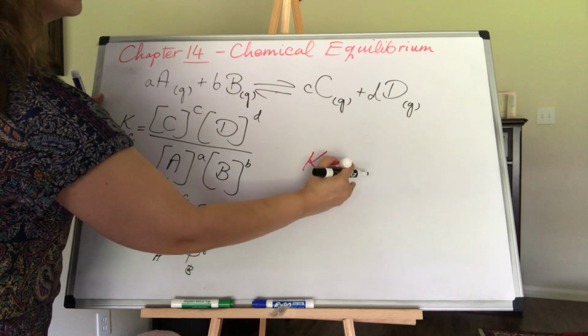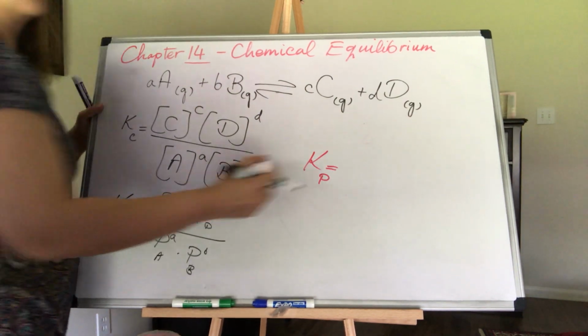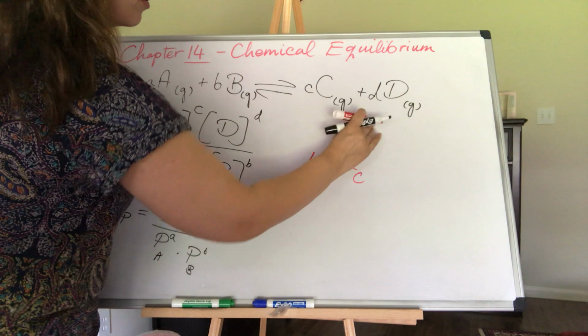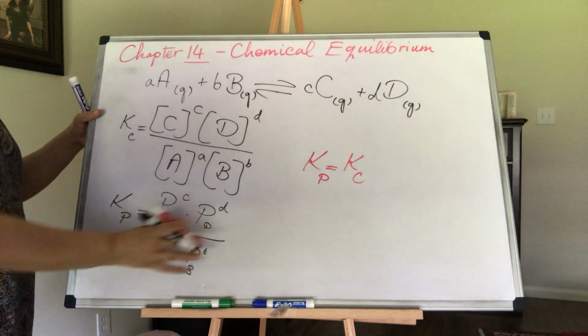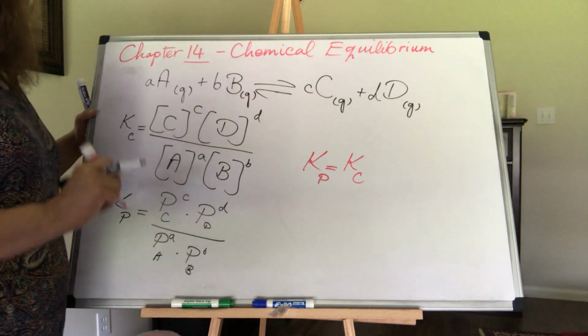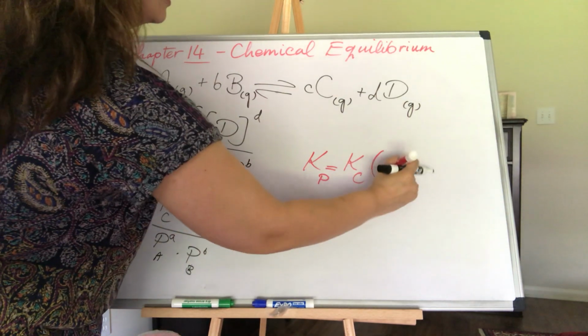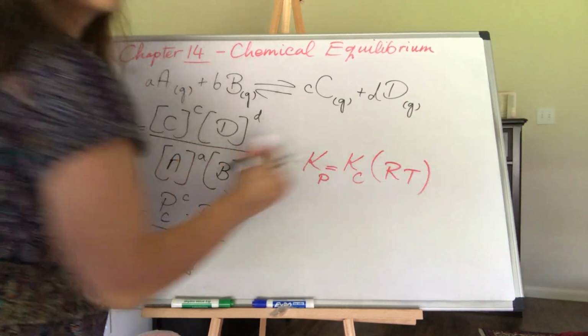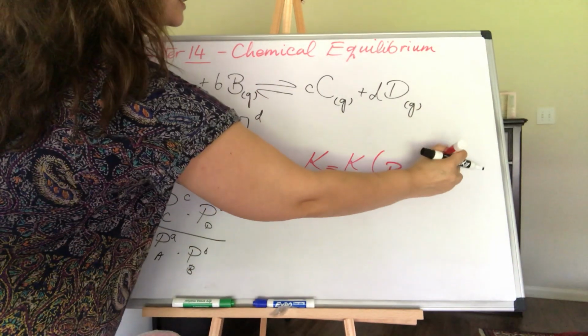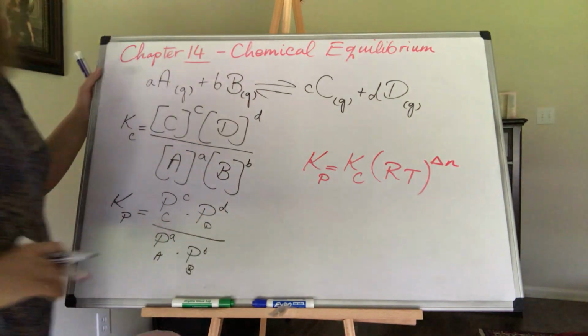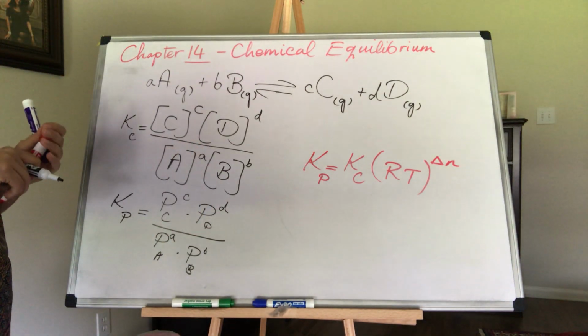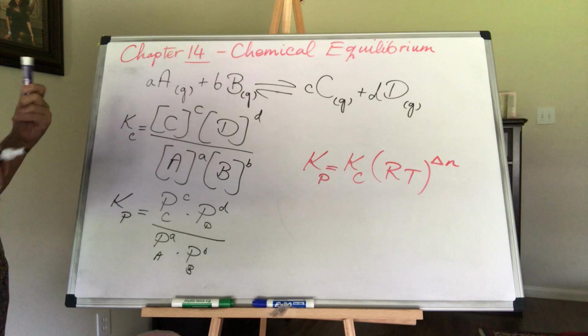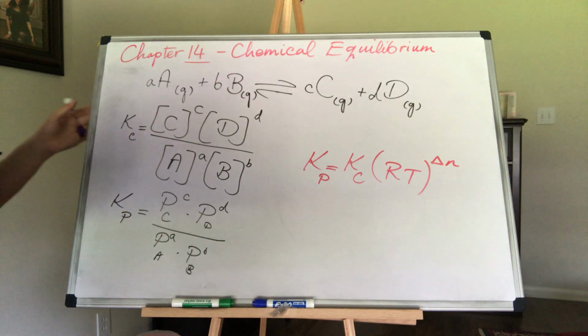Since I'm giving you this formula in the exam, I'm just introducing it to you. If you don't have this formula, Kp is Kc times RT to the power of delta N. R is the gas constant, 0.082 liter atmosphere per mole Kelvin.